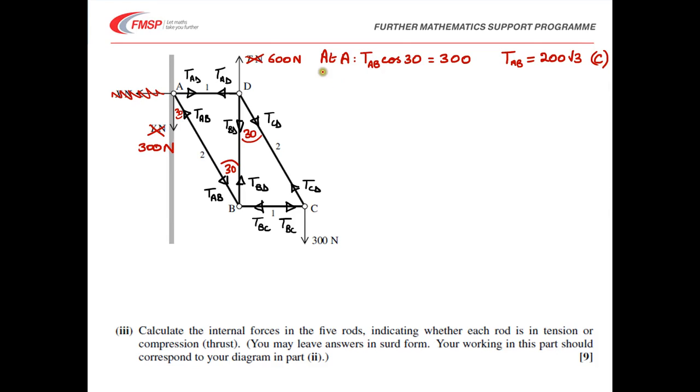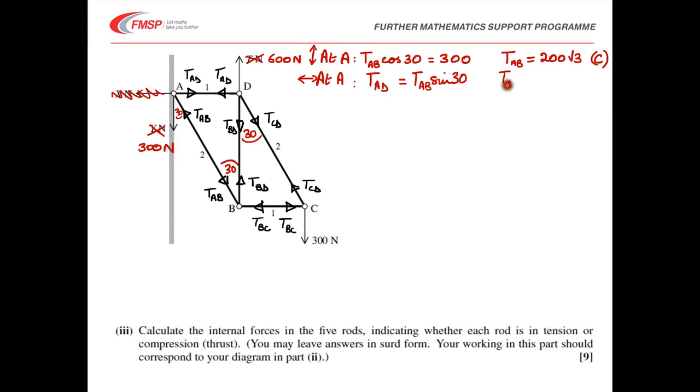Also at A, but this time working horizontally, all of TAD must be balanced by a component of TAB, and it's TAB sine 30.